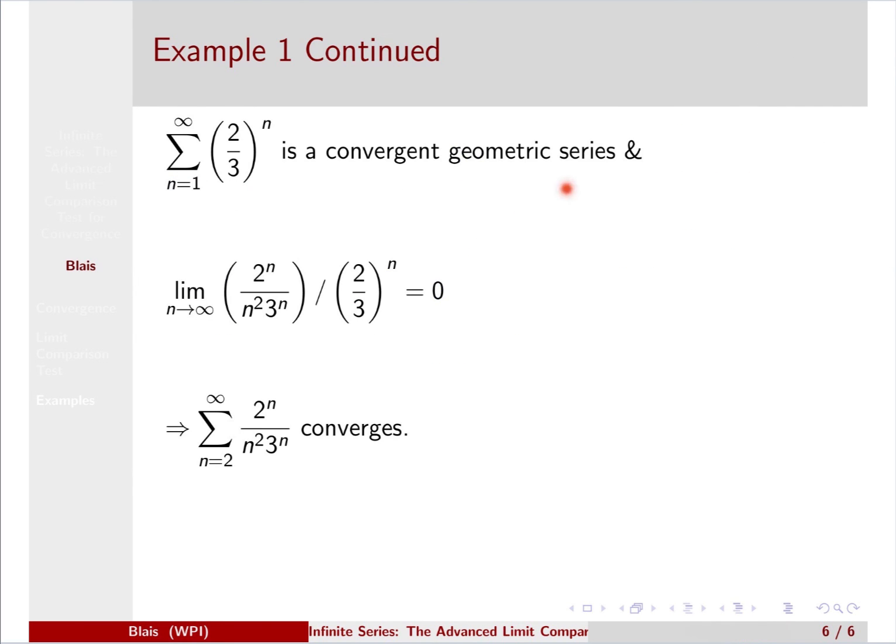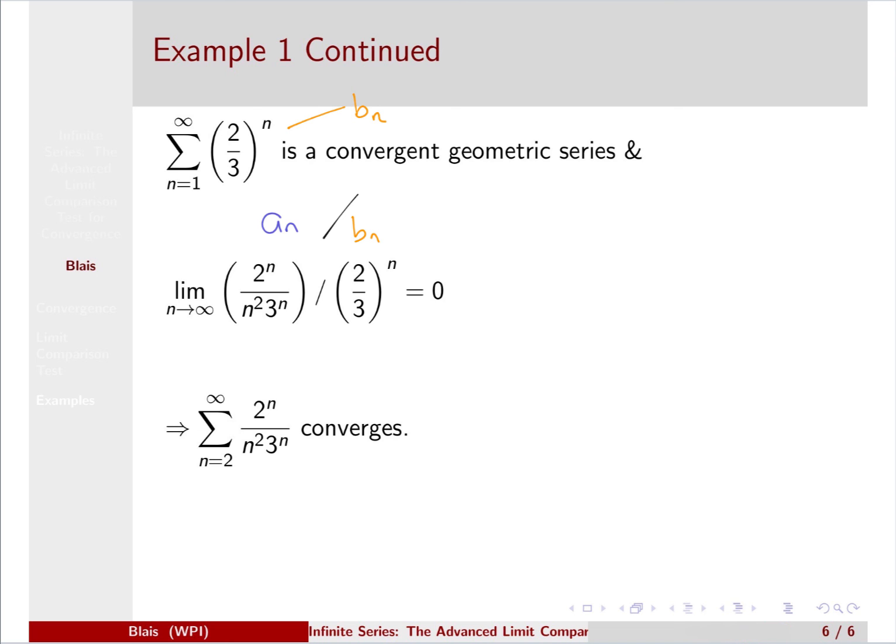So we have our convergent geometric series. Again, these are our b sub n. We've established that the ratio of a sub n over b sub n as n goes to infinity is 0.